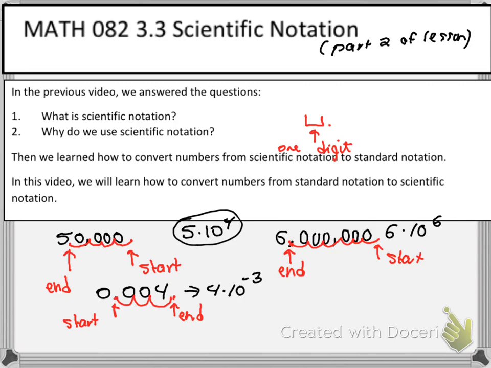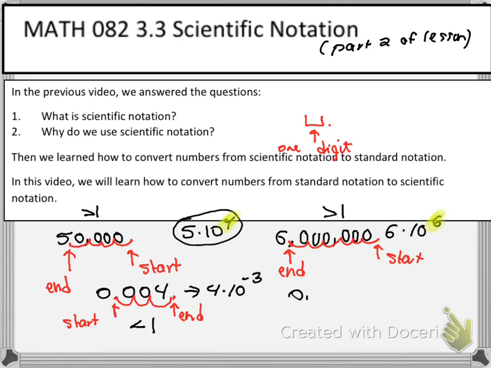The way I know that it's 4 times 10 to the negative 3rd, not positive 3, is because I know that this number is less than 1. Likewise, for the first two examples, because both numbers are larger than 1, I know that I'm going to have positive exponents.